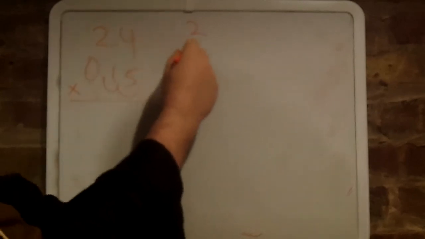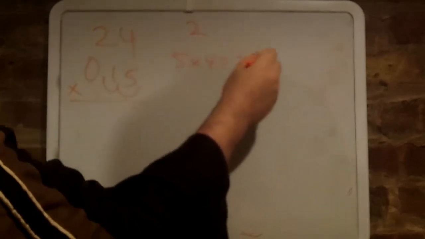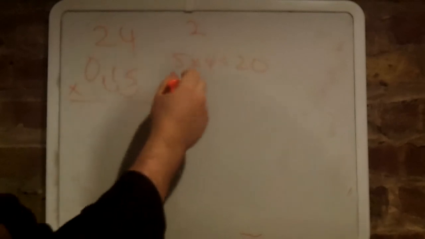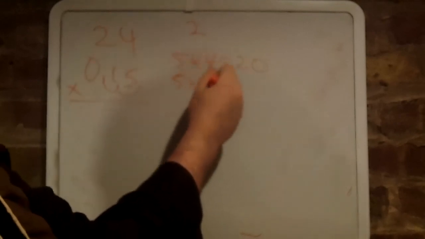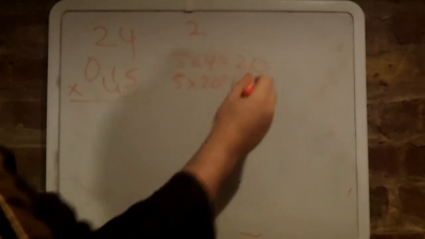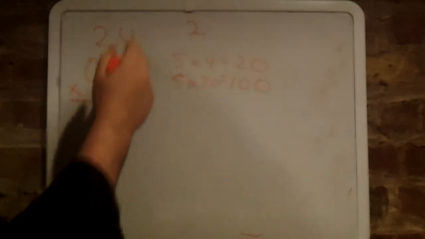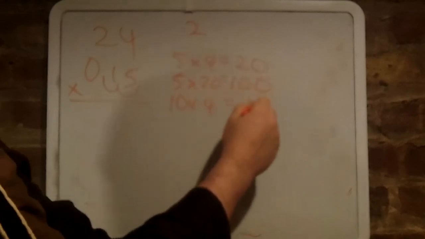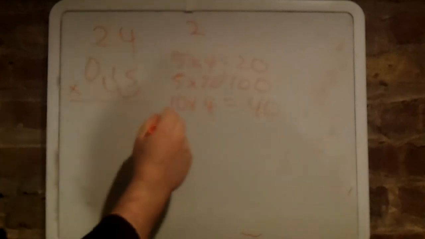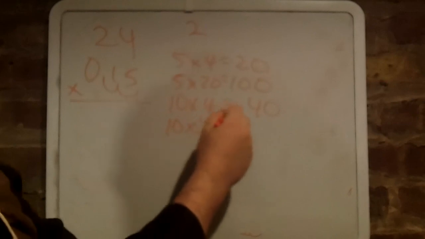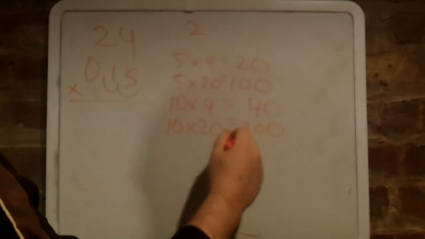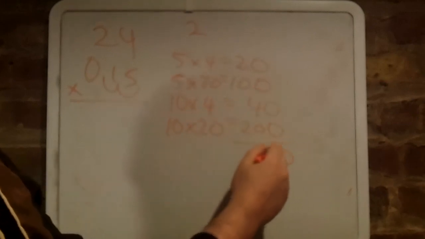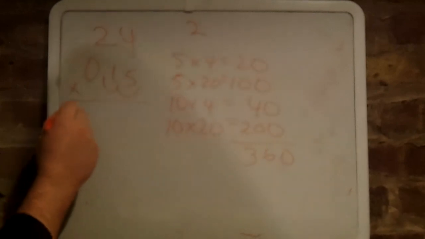5 times 4 is 20. 5 times 20 is 100. Then we'd have 10 times 4 is 40. And 10 times 20 is 200. We add that all up, so 360.